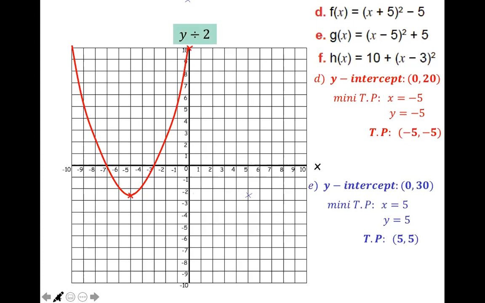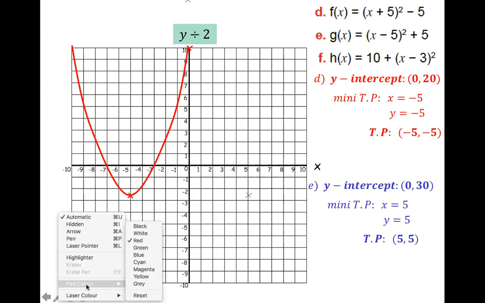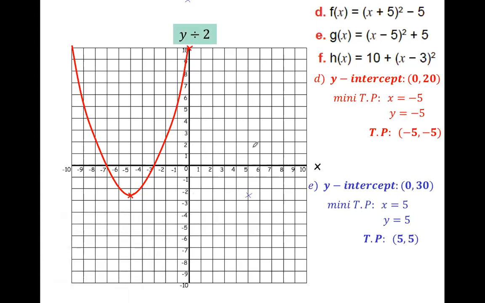Okay. I'll fix that. I just noticed. Yeah, so the (5, 5) should have been here. And then the graph itself would come higher than that.